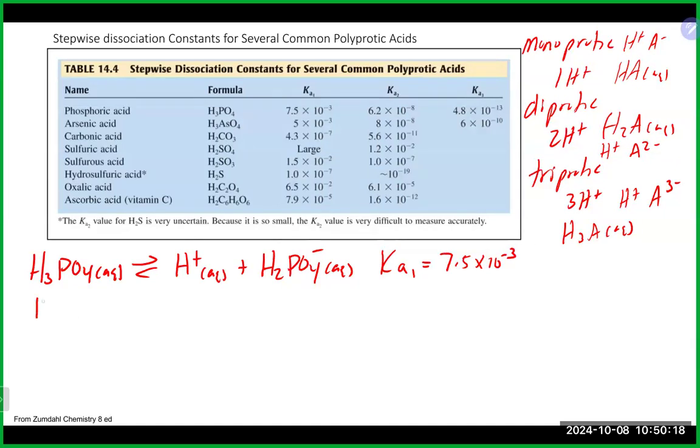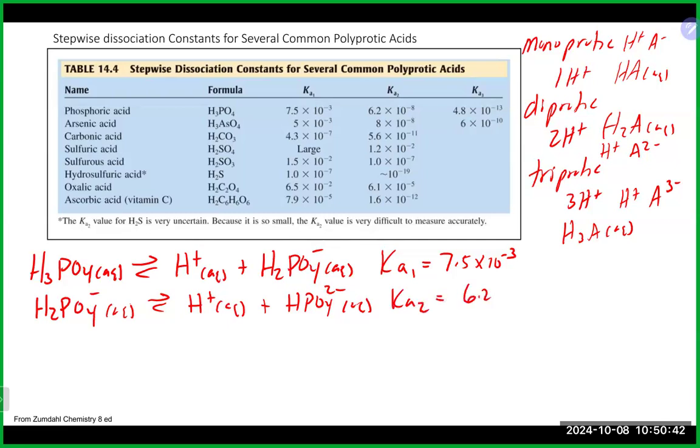The next thing that would happen is our H2PO4 minus will lose a second hydrogen and become HPO4 2 minus. Just 1 hydrogen at a time. The Ka value for that is the Ka2 value, 6.2 times 10 to the -8, I think.